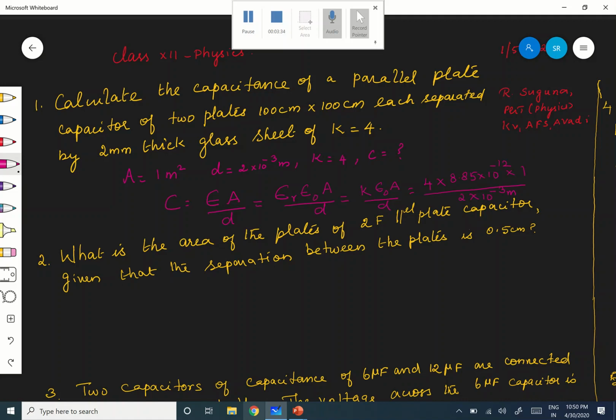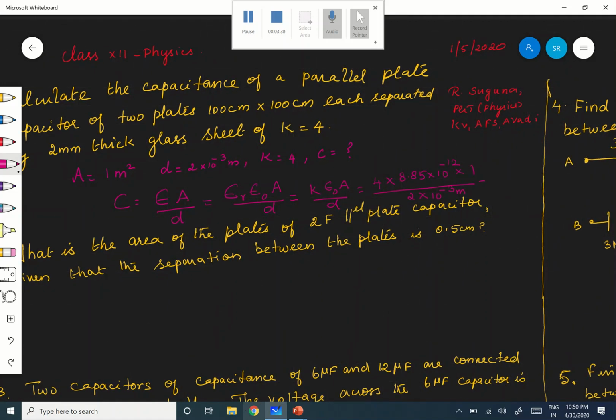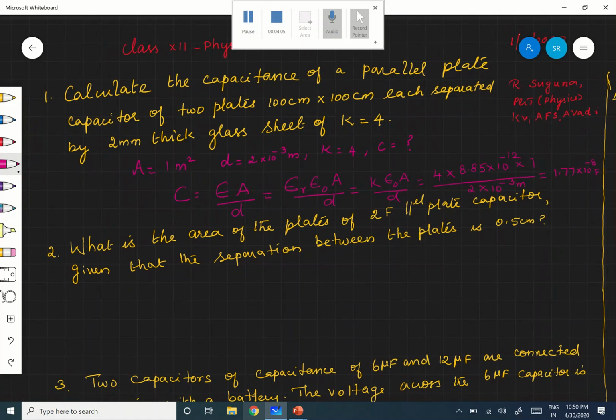On solving, the value is 1.77 into 10 power minus 8 farad. I told you farad is a very, very huge unit. The first question is a simple one, you just have to apply the formula. Shall we go to the next one?